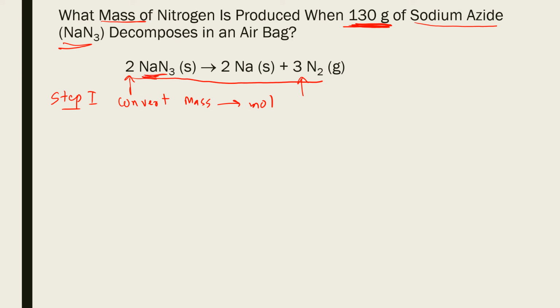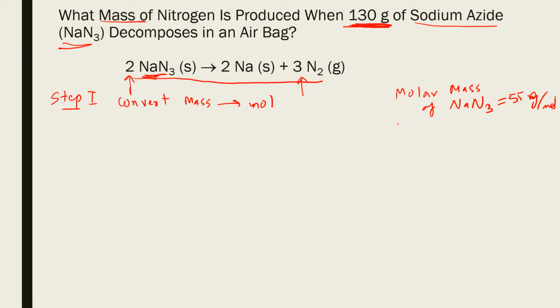So the molar mass of sodium azide is 23 from sodium plus 3 times 14 for nitrogen. That equals 23 plus 42, so that's 55 grams per mole. So the molar mass of sodium azide is 55. What's the meaning of the molar mass 55?